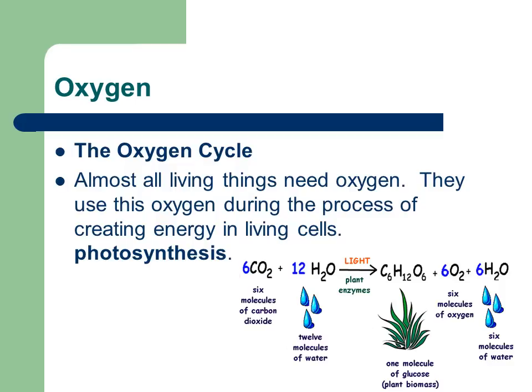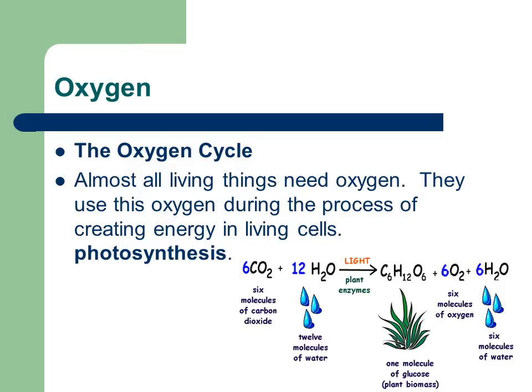So on this slide, you can see the chemical reaction of photosynthesis, where 6 molecules of carbon dioxide, so you see 6 CO2, plus 12 molecules of water, when they are added together and light hits them, as well as some enzymes, you end up with 1 molecule of glucose, which we'll be learning more about, but that's C6H12O6, which is the molecule of glucose.